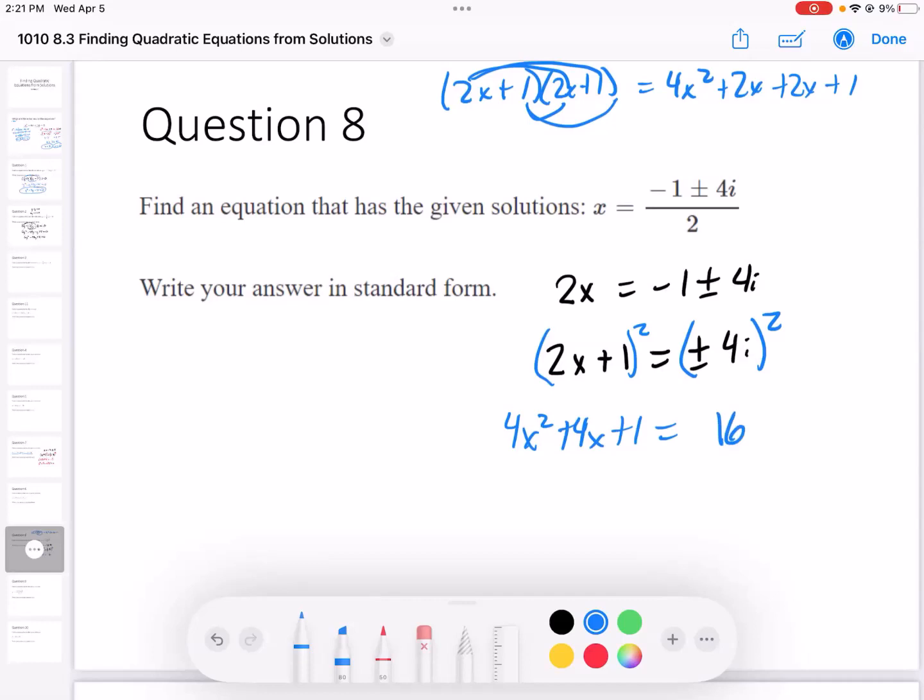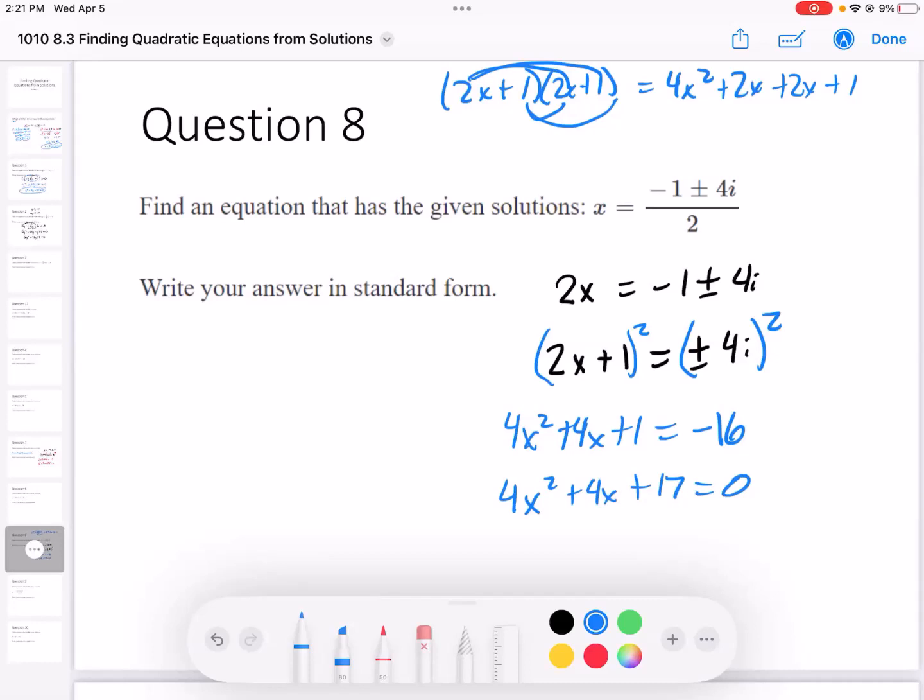So I have positive 16 times i squared. But what's i squared? -1. So if I do positive 16 times -1, that will give me -16. Then my last step is just to make it equal 0. So I do 4x squared plus 4x plus 17 equals 0. And that's how you do that one.